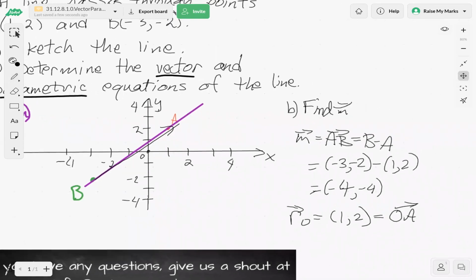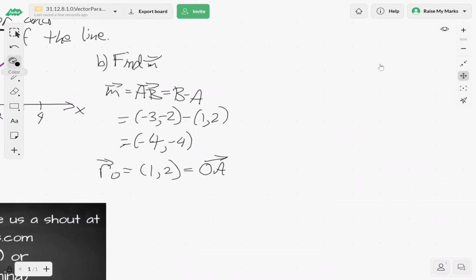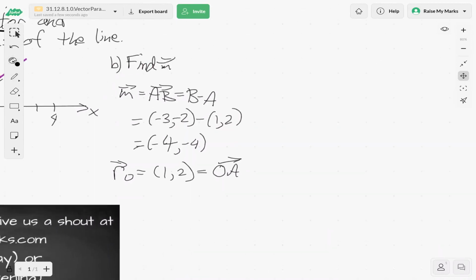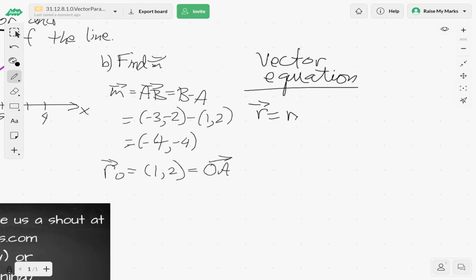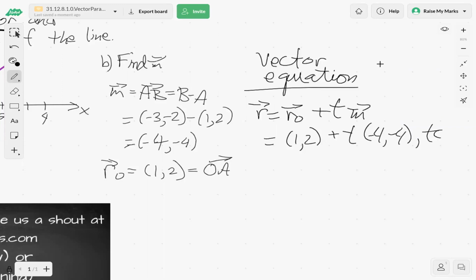Let's start with the vector equation. Vector R equals R0 plus tM. What is R0? It's (1, 2) plus t times M, which is (-4, -4), and t is any real number.